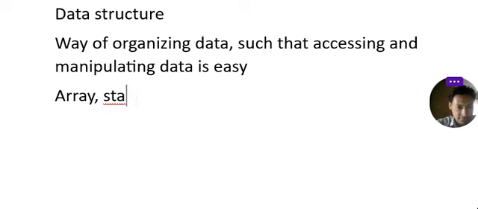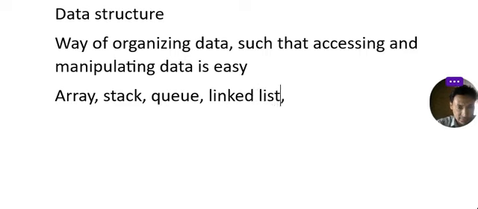stack, queue, linked list, tree, graph, etc. are examples of data structure. There are two types of data structures generally.